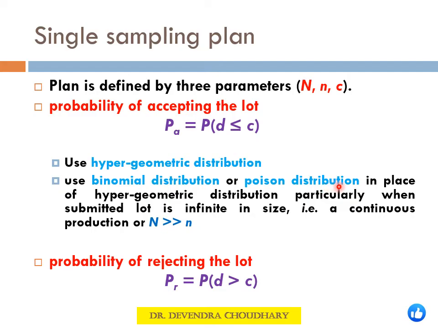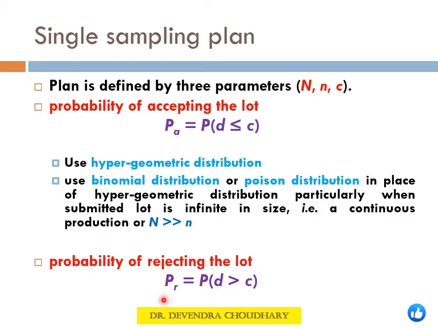When you solve problems, you will find that calculations performed using the binomial and Poisson distributions are much simpler and faster than those from the hypergeometric distribution. So this is the reason why we should go for binomial and Poisson distribution instead of hypergeometric distribution. But these conditions must be fulfilled if we use the binomial and Poisson distribution over the hypergeometric distribution.